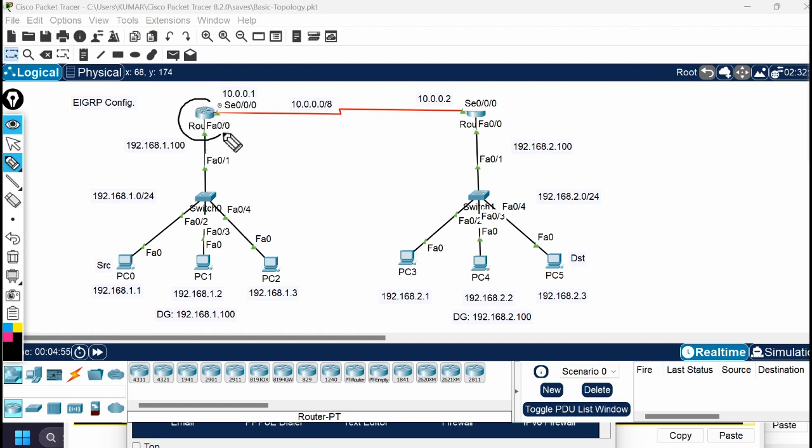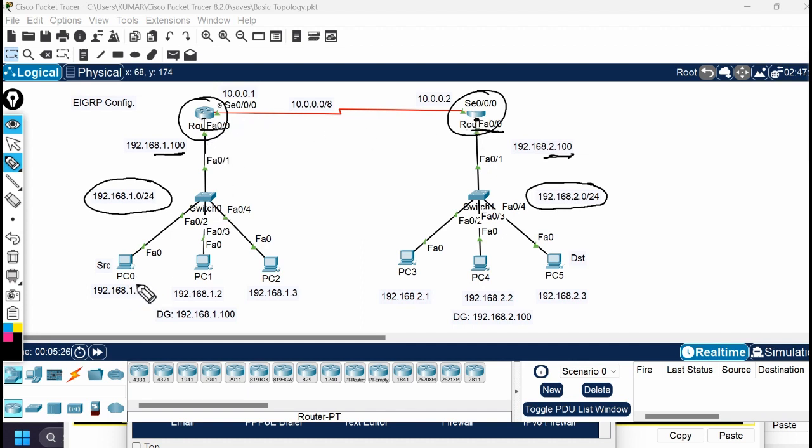This is my router 1 and this is my router 2. Router 1 has the FastEthernet 0/0 where the connected IP address range is 192.168.1.0/24, and the 192.168.2.0 range is connected to my router 2 FastEthernet 0/0 LAN, in which 1.100 is the IP address here and 2.100 is the IP address for the interfaces.